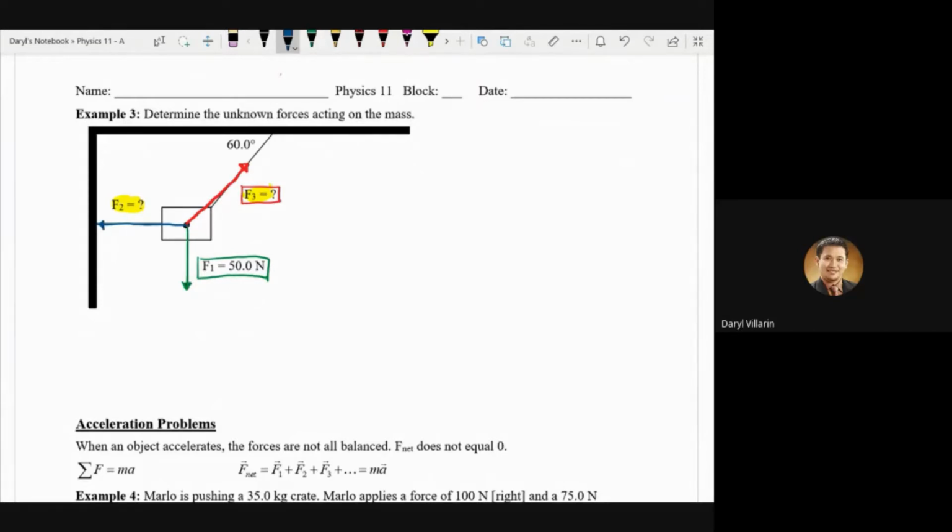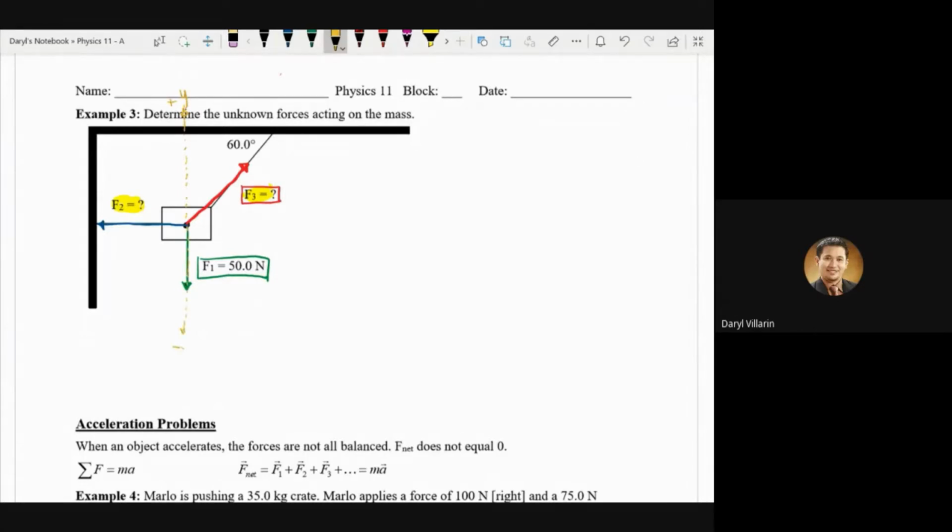Now, if it's easier for you to see, you can draw a broken line to denote that this is my y-axis, and going upward I'm going to use that as positive.